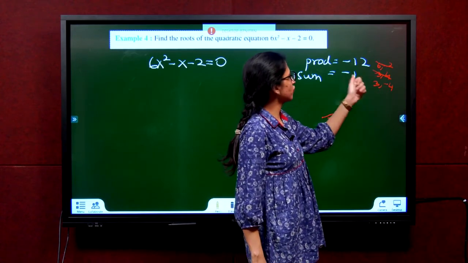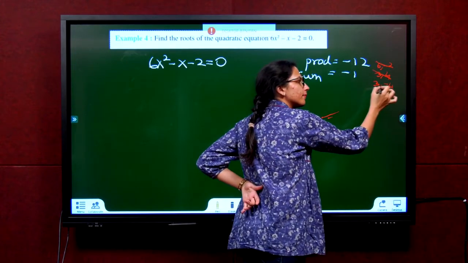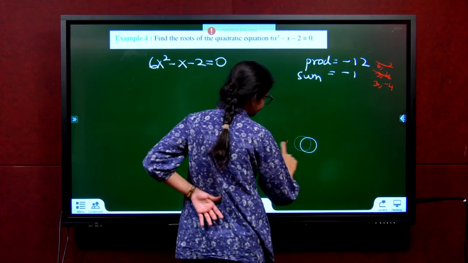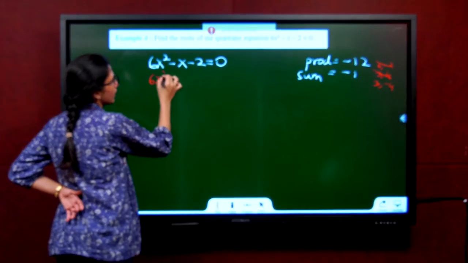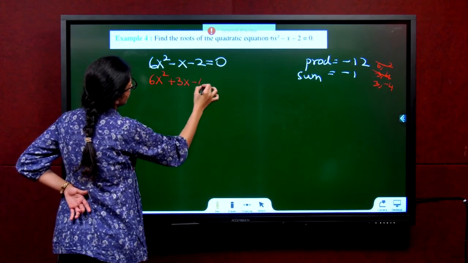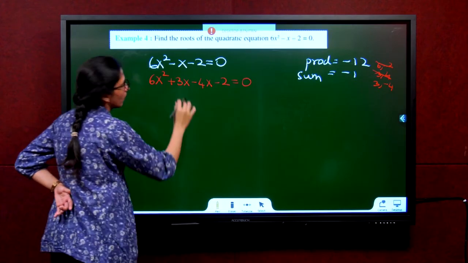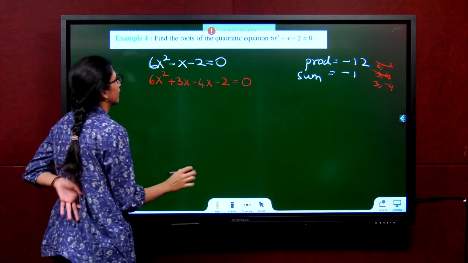Add them, sum is minus 1. Condition satisfied. So what do we do? 6x square plus 3x minus 4x minus 2 equals 0. I split the minus 1 as 3 and minus 4, just like we did over there.